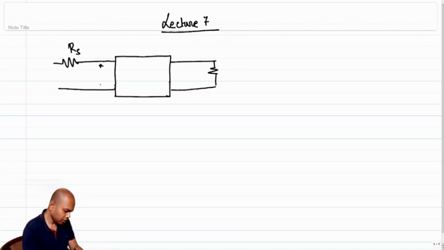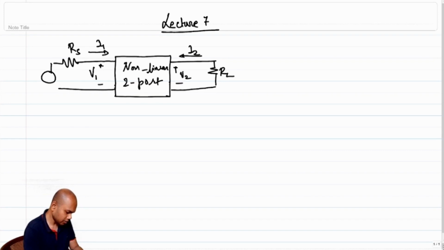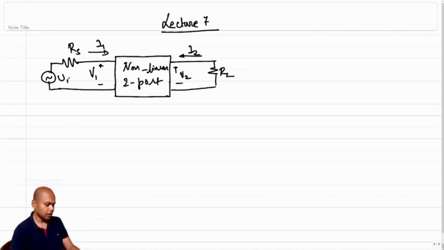If we call this port voltage V1 and this V2, and the currents I1 and I2, this is a nonlinear two-port. This is RL, this is RS, and let's say you have a VI here.